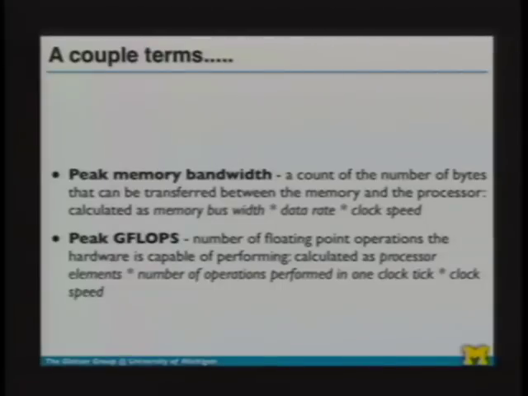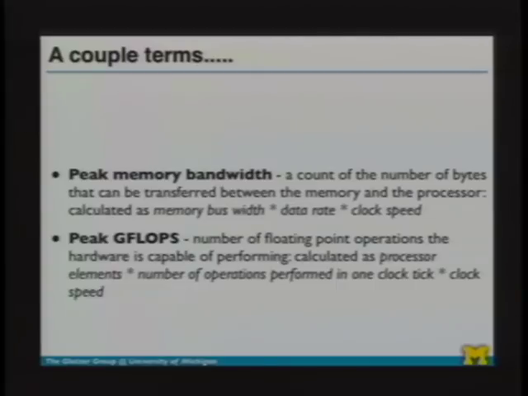So a couple of terms, if you're not aware of these concepts. Peak memory bandwidth is just a number you assign to the device, and it simply comes from the number of bits wide your memory bus is times the data rate times the clock speed. So it's the peak possible number of bytes that you could possibly transfer from DRAM to the chip and back again.